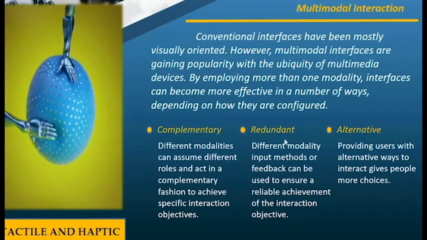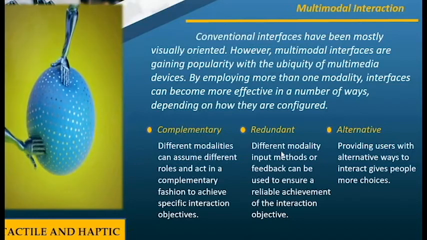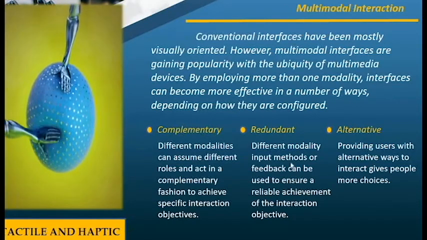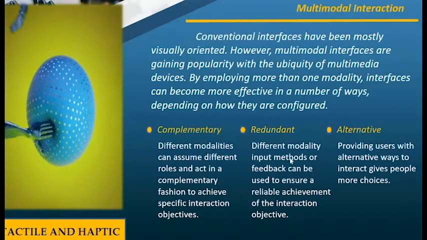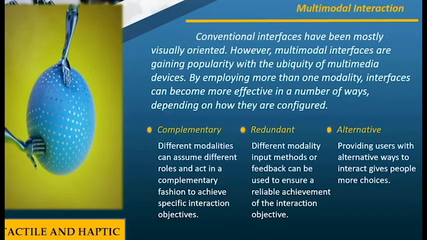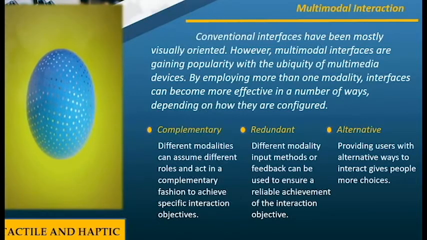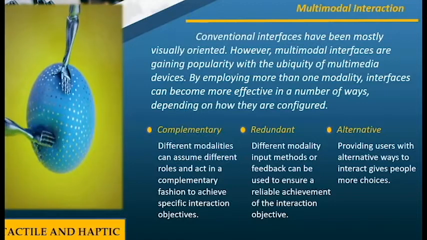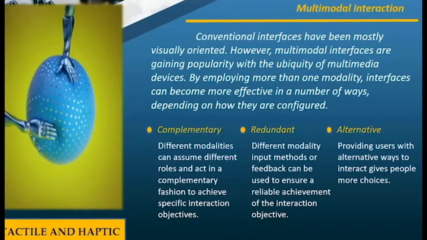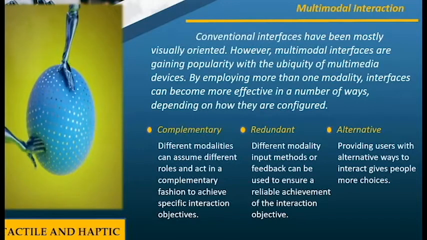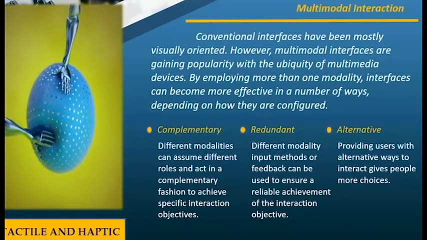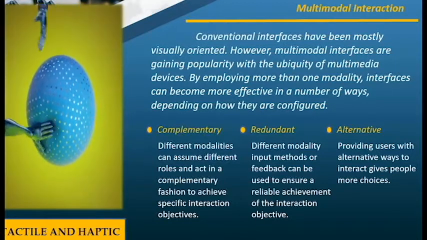Then next we have redundant. Different modality input methods or feedback can be used to ensure a reliable achievement of the interaction object. For example, the ring of a phone call can be simultaneously oral and tactile to strengthen the pickup probability. Then we have also the alternative. Providing users with alternative ways to interact gives people more choices.